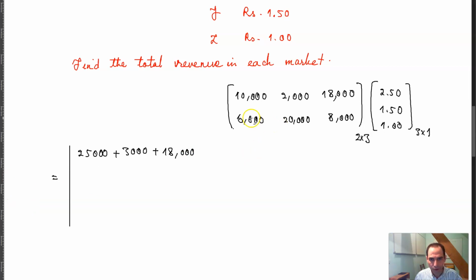And the second part is 6,000 times 2.5. And one more thing that always works is that you don't want to rush yourself.